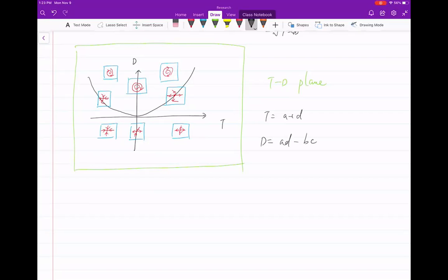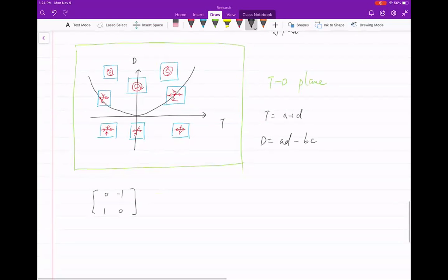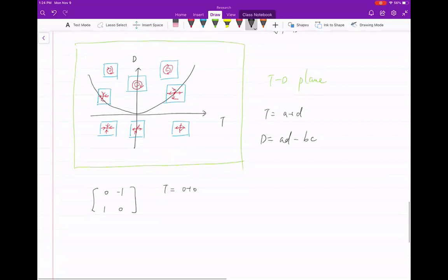Let's use it. Since we did so much work, this should save our future trouble, right? So let's do it. This is the system. What's the behavior of the equilibrium 0, 0? Your T is A plus D, which is 0.